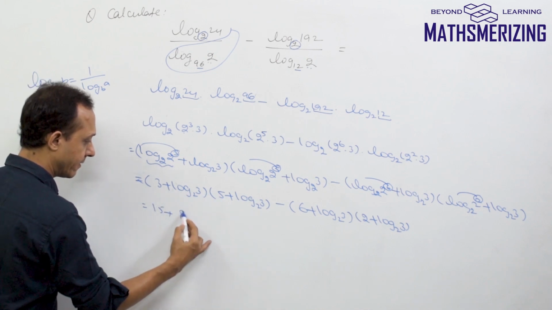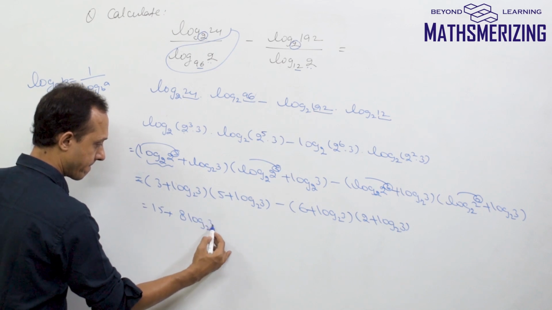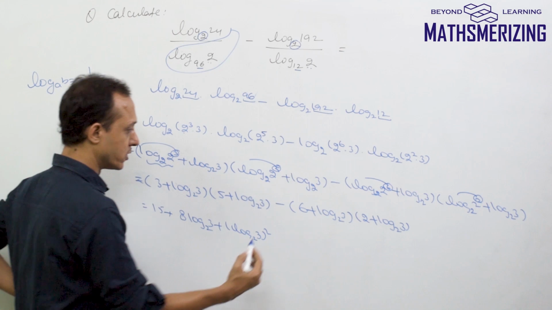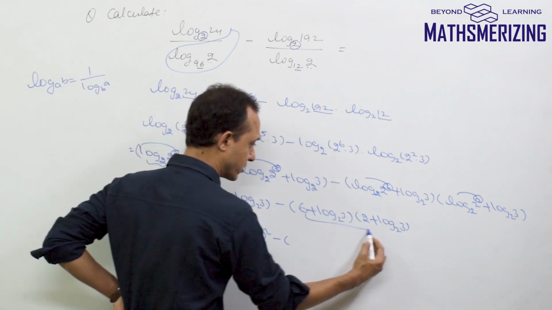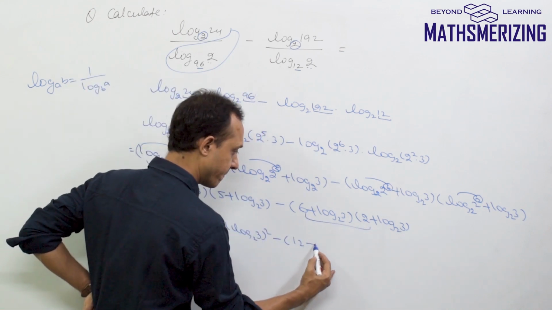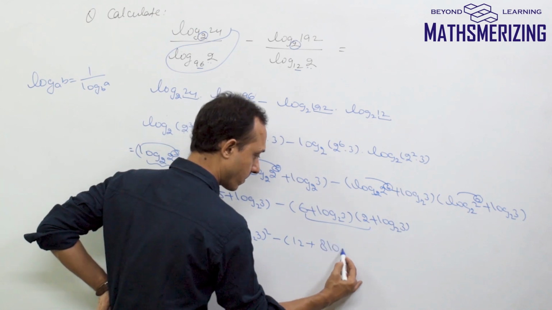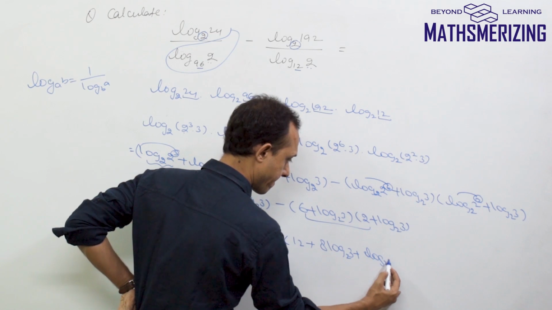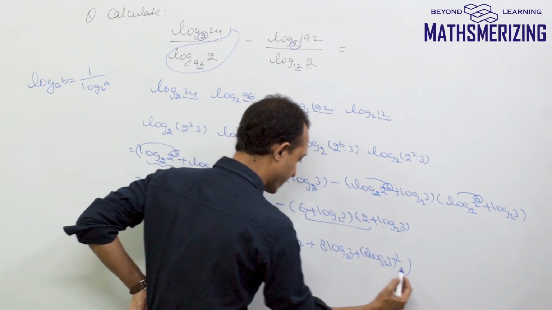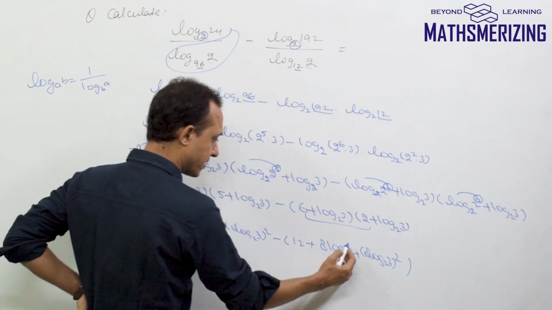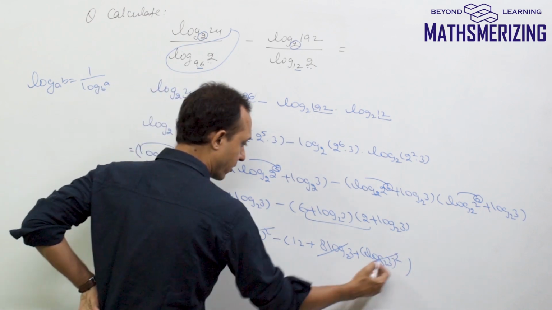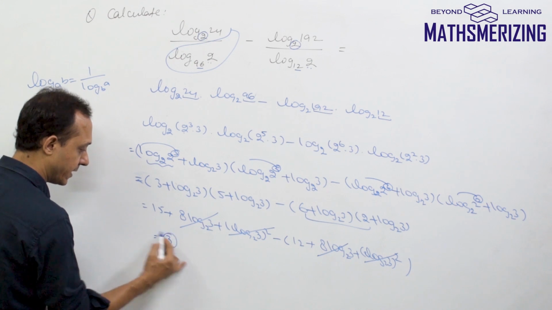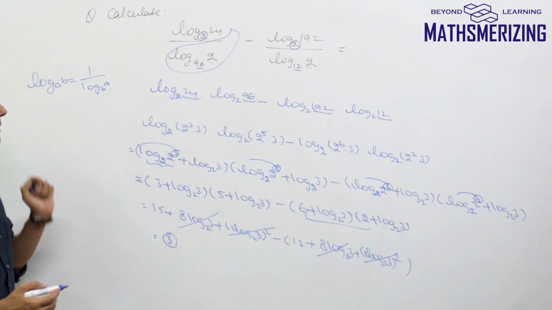Now 5 plus 3, 8, and then this is log 3 base 2 whole square, and then minus, I'll also multiply these two. So this is 12, 6 plus 2, 8, and then log 3 whole square. Now this 8 log 3 base 2 will cancel, and then log 3 also will cancel. So I'll get 15 minus 12, which is 3. Answer to this question is simply 3.